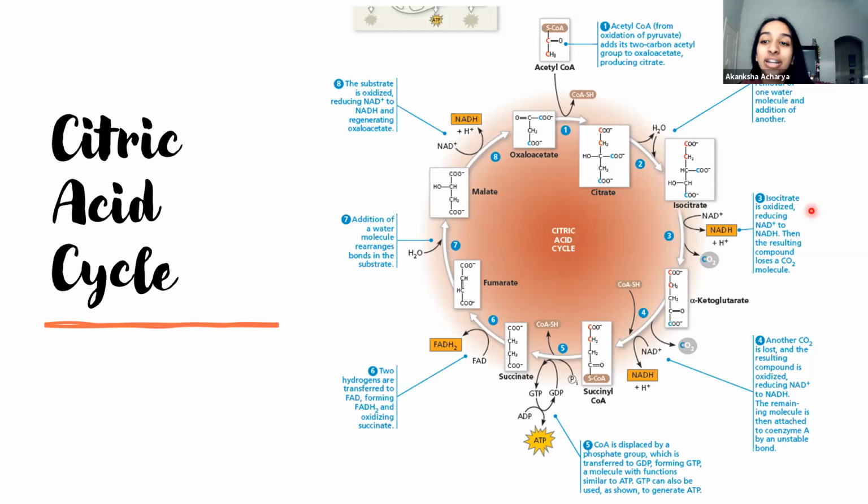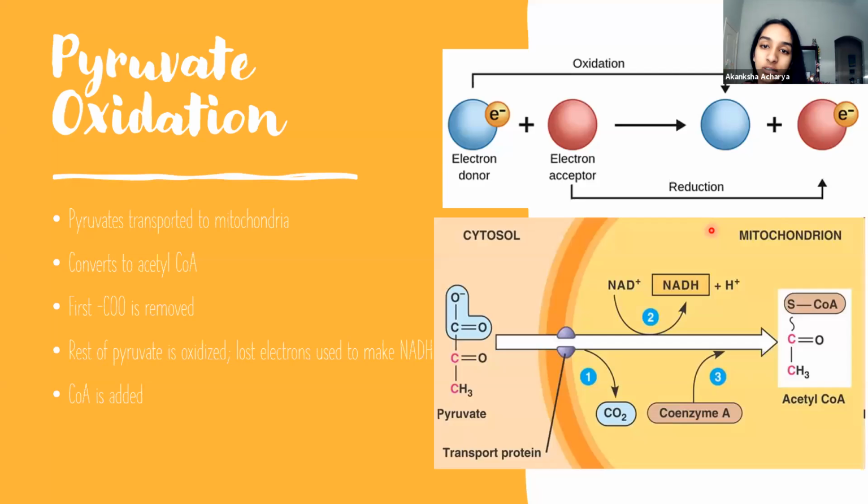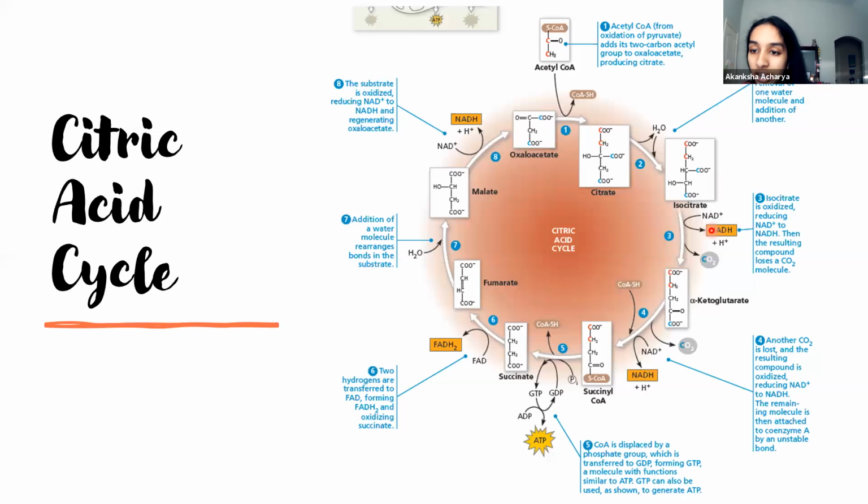And then isocitrate is oxidized. And if you remember what oxidized means, it is when you lose an electron. So NAD plus is converted to NADH because the electron is lost. And whatever is left of this loses a CO2.